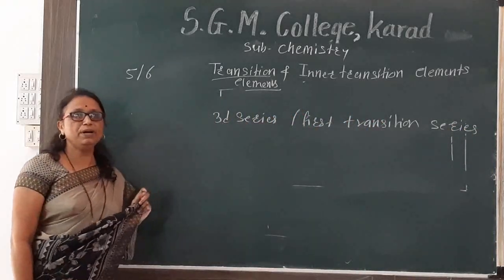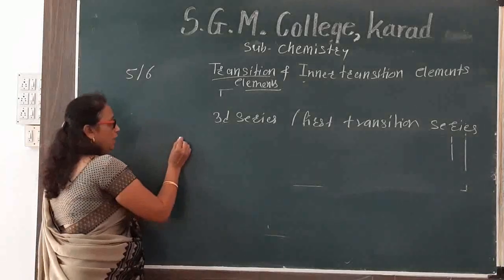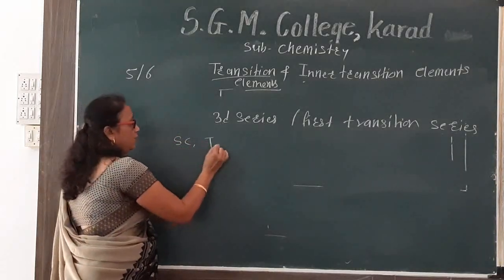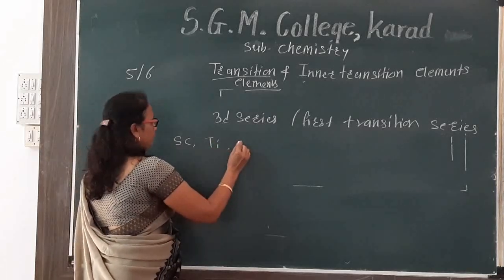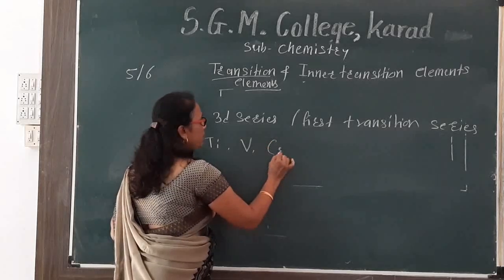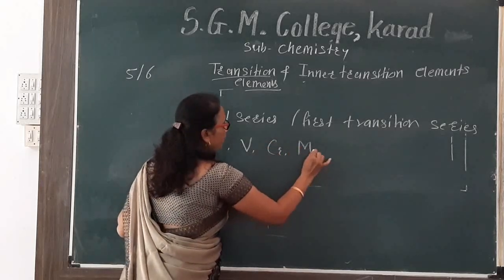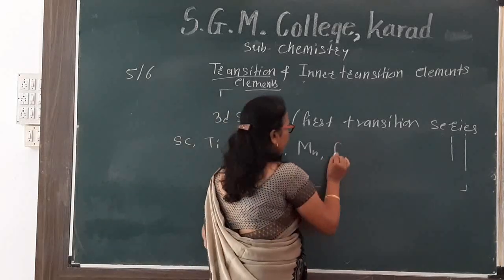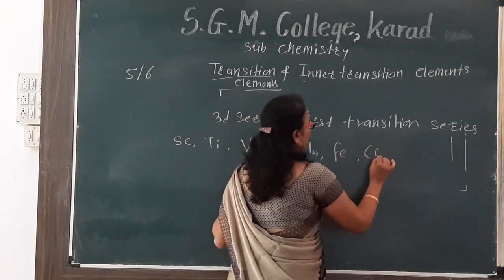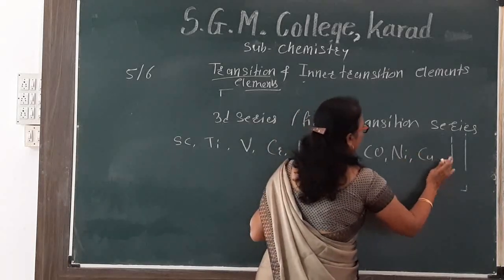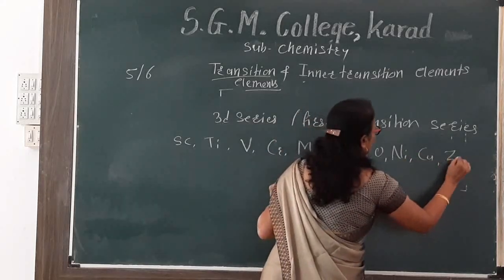Elements of the first transition series are scandium, titanium, vanadium, chromium, manganese, iron, cobalt, nickel, copper, and zinc.